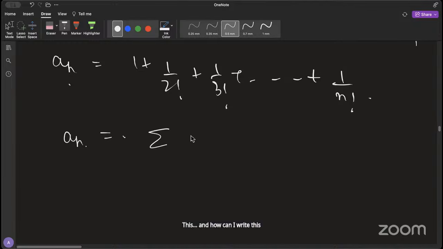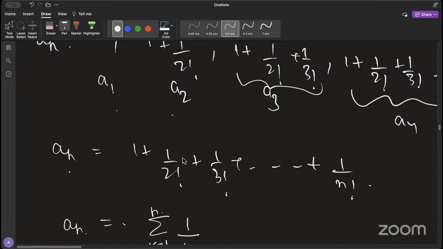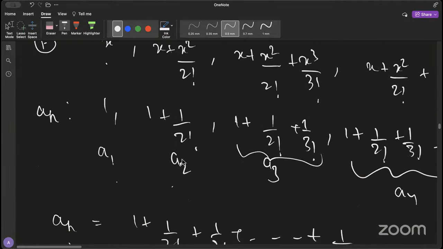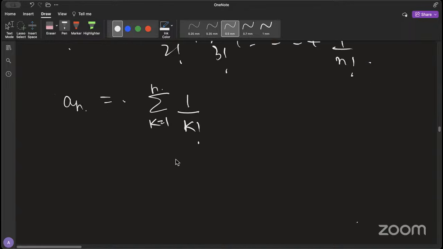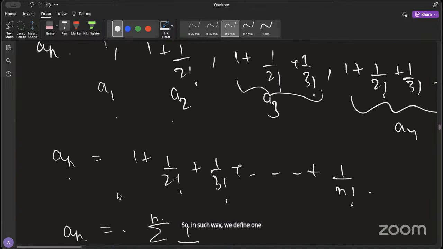I should write this as 1 by k factorial, k varying from 1 to n, right? So in such way, we define one sequence here, which is this one.